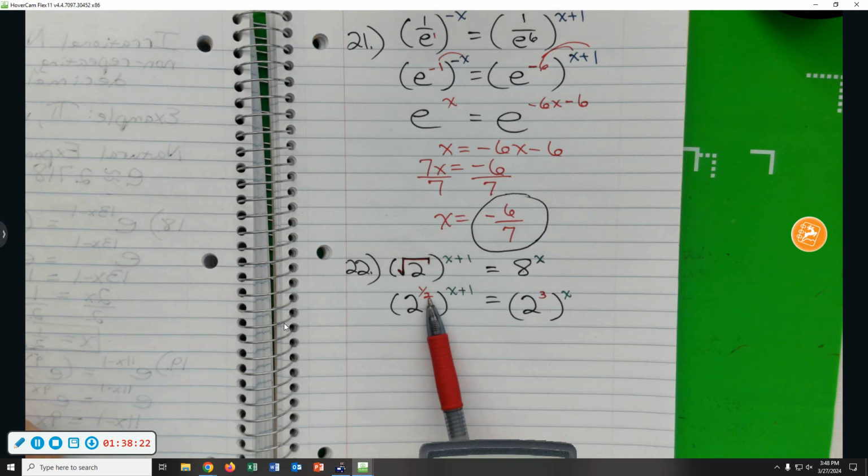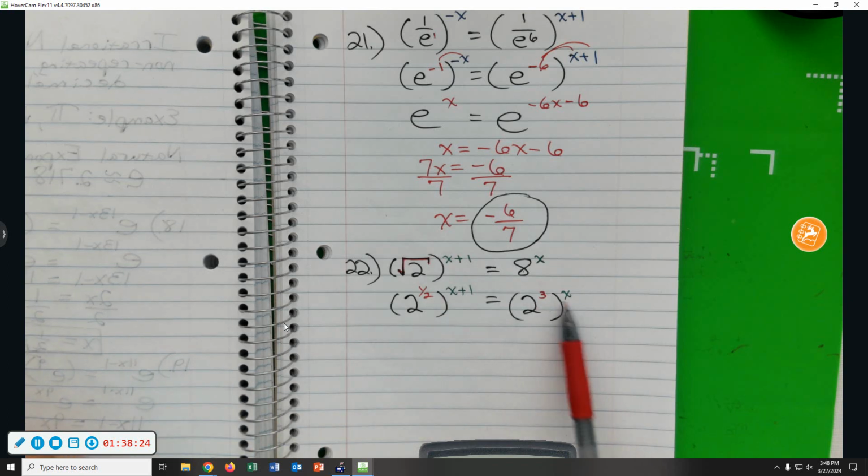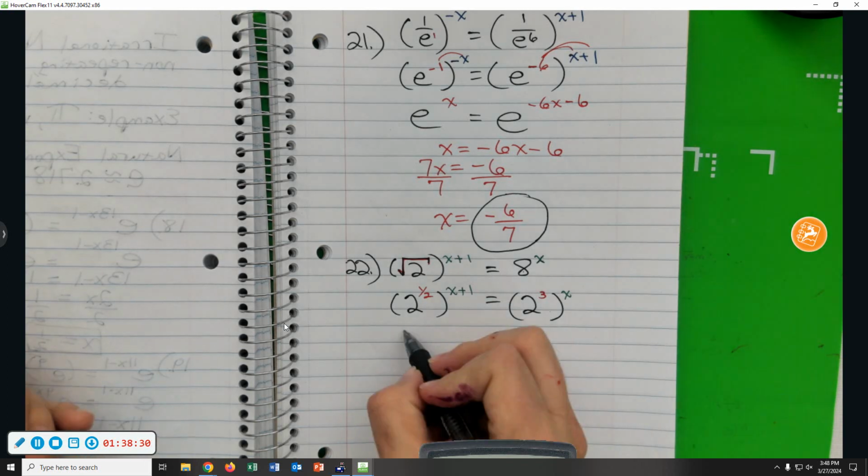Now we have a power raised to a power. What are we going to have to do? Multiply, so we have 2.